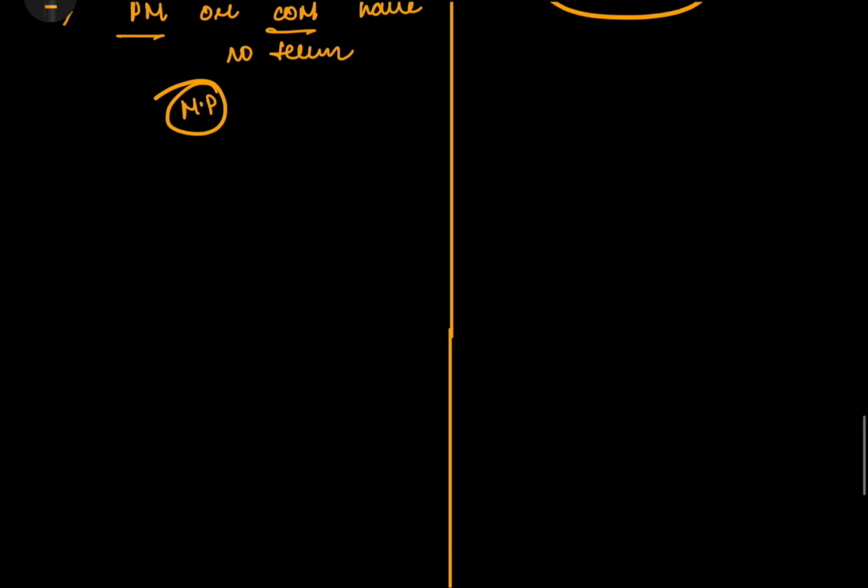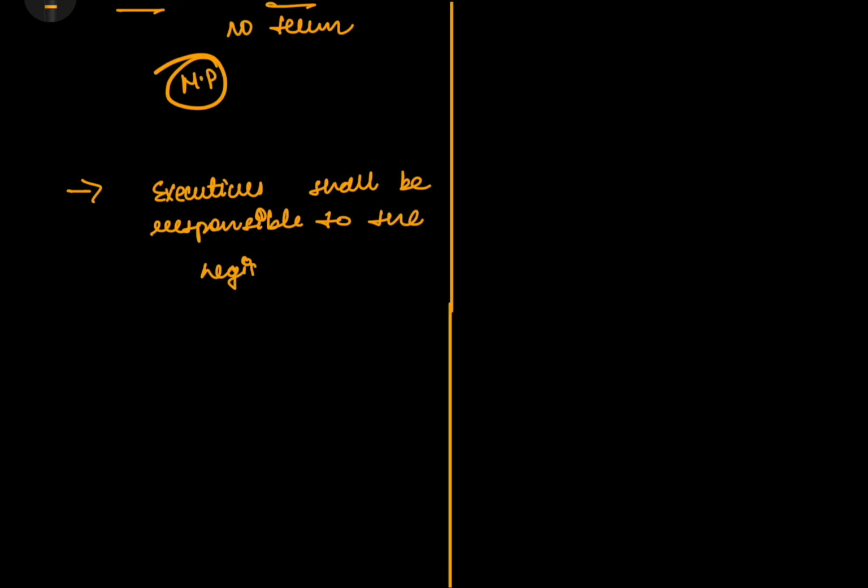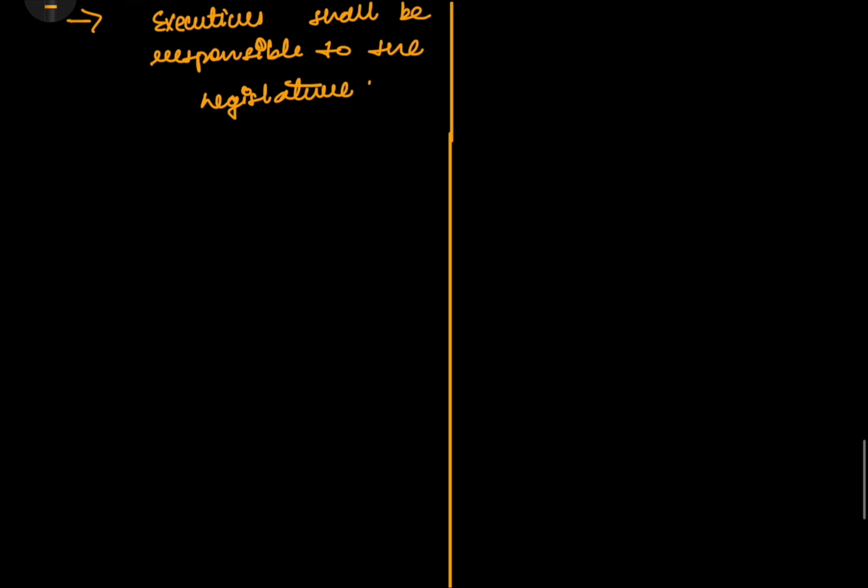Okay, and as I have mentioned, executives shall be responsible to the legislature. As we have seen under Article 75, the Council of Ministers are collectively responsible to the Lok Sabha as they are born in the legislature.